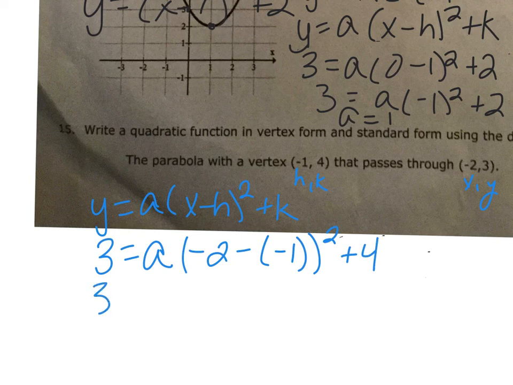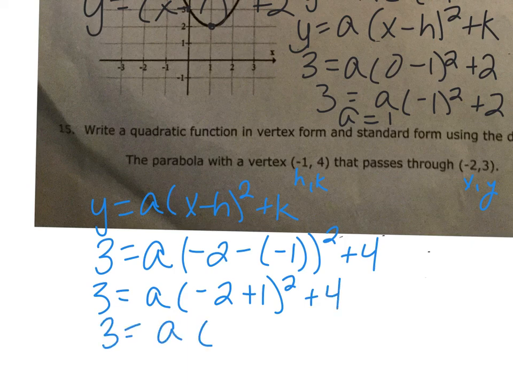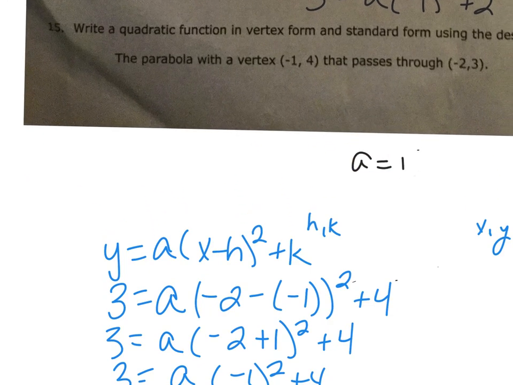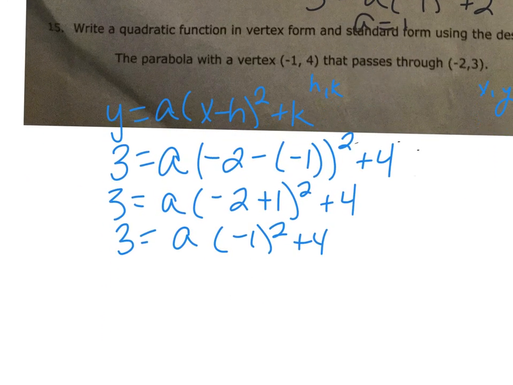Okay, so 3 equals a times, that's negative 2 plus 1 squared plus 4. And that is negative 1 squared again plus 4. Oops. Okay. And so 3 equals a plus 4.